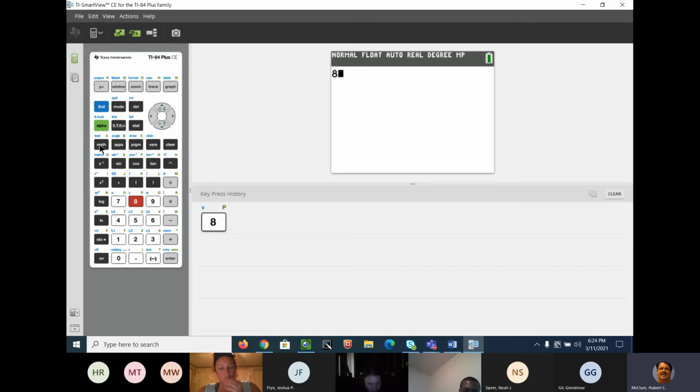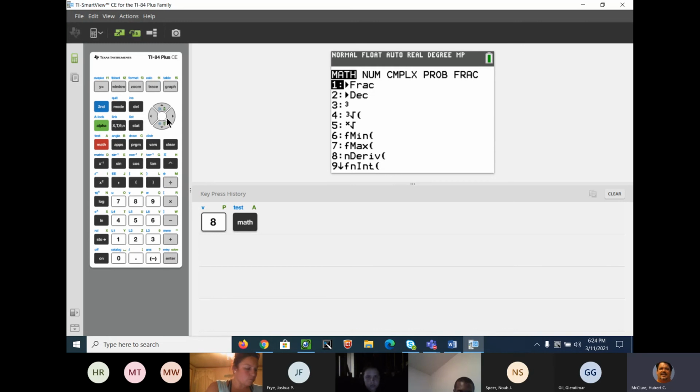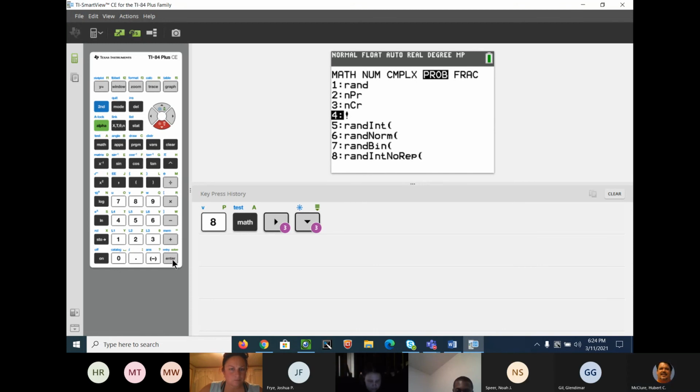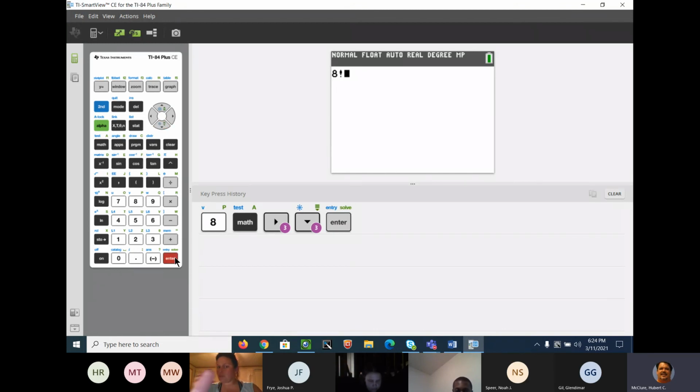Third button down. Math. Roll over to probability. And number 4. And enter. 8 times 7 times 6 times 5 times 4 times 3 times 2 times 1 is equal to 40,320.